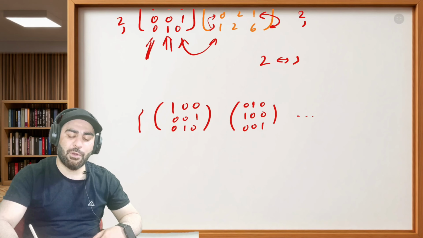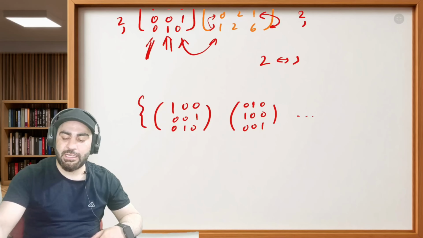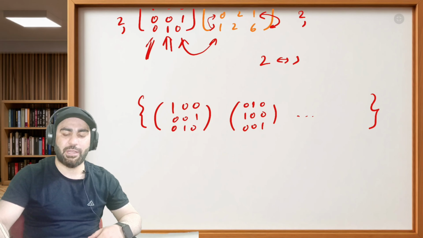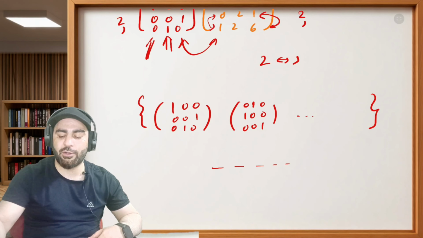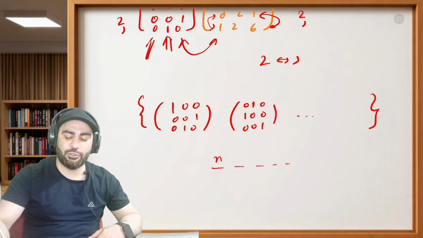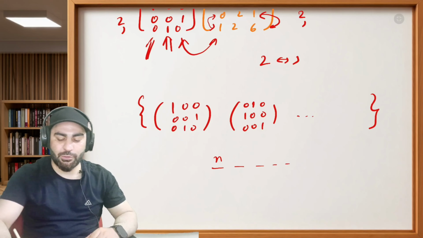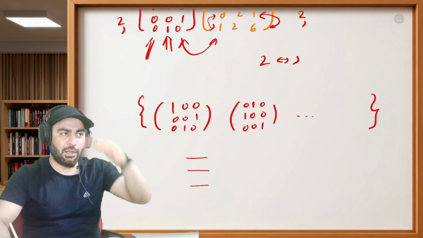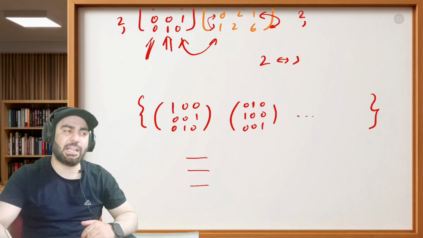How many such permutation matrices will there be? If you have n rows, it will be n factorial. Suppose we had 3 rows to fill, first row, second row, third row, and all those rows were different. So it is like a permutation problem.